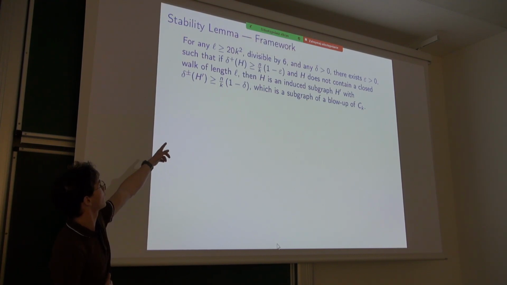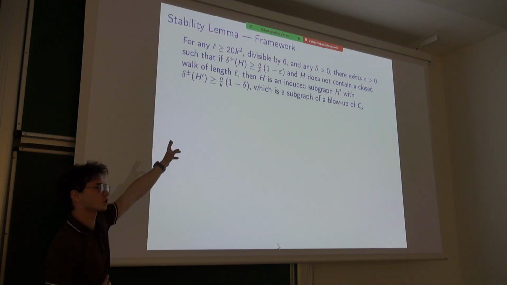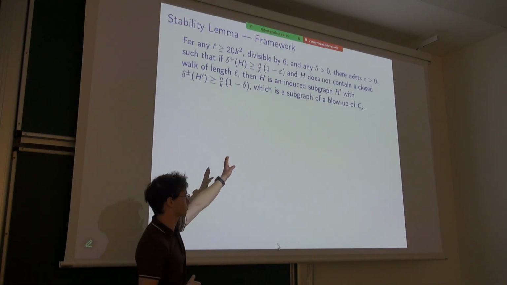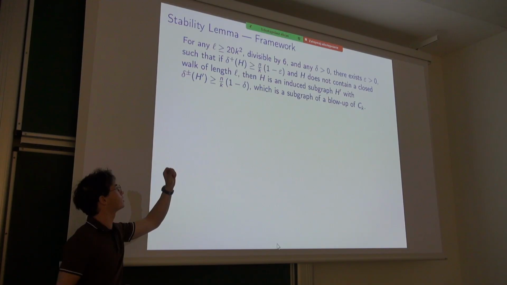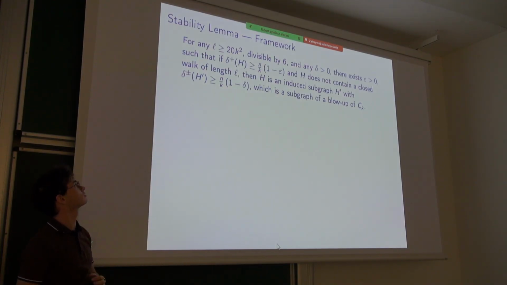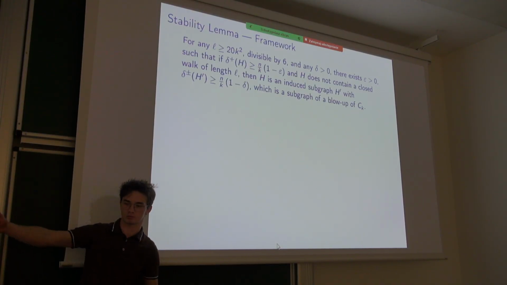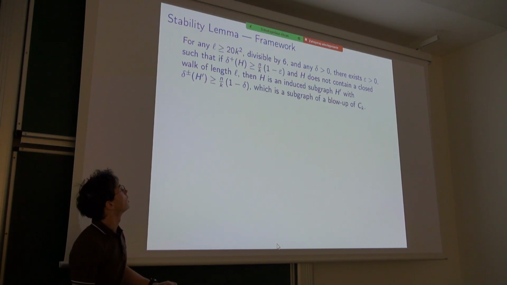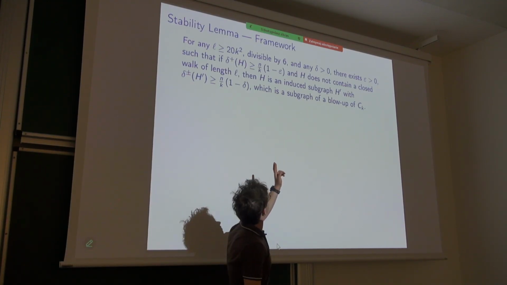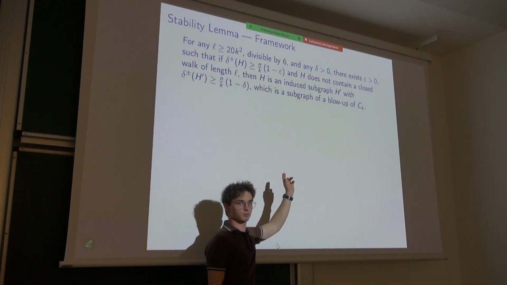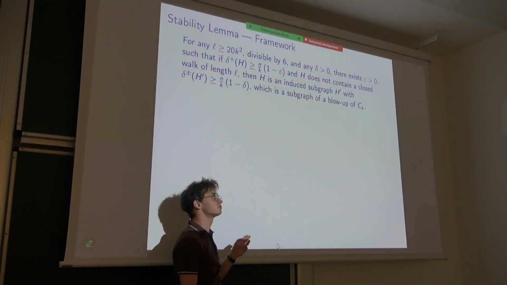Additionally, you may see that Chigrinov, Mala, Nagler, and Osthus only gave us the case that L should be divisible by 3, otherwise the C3 would be the extremal construction. In the statement of the stability lemma that I present to you, we say that L is divisible by 6.